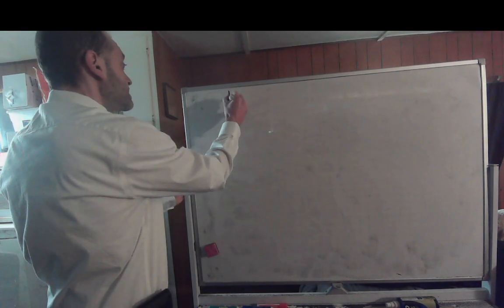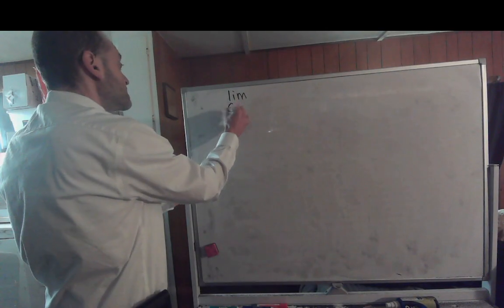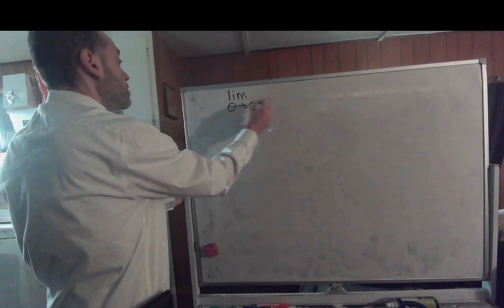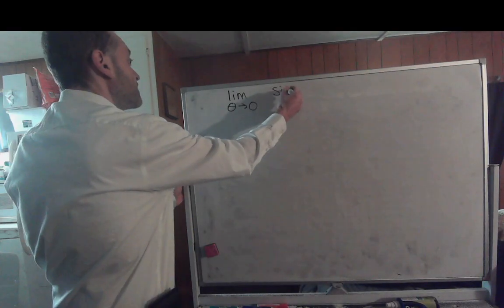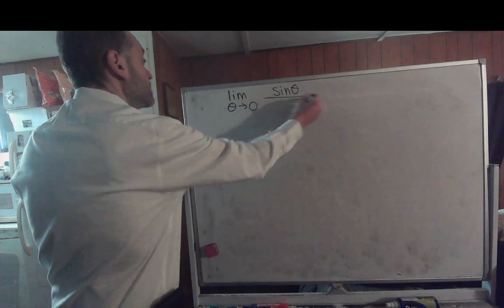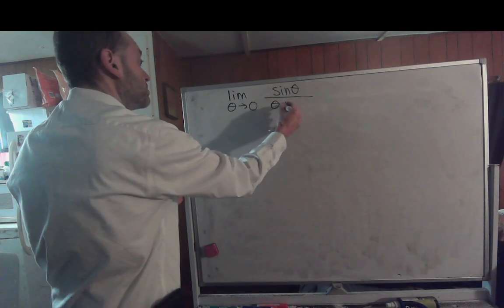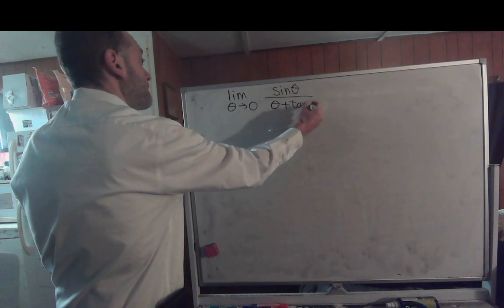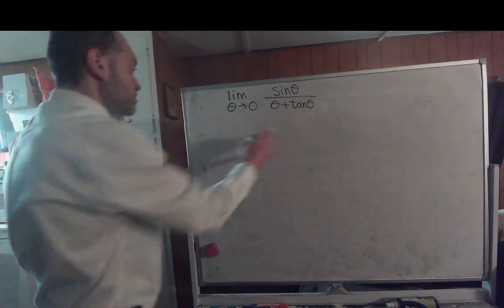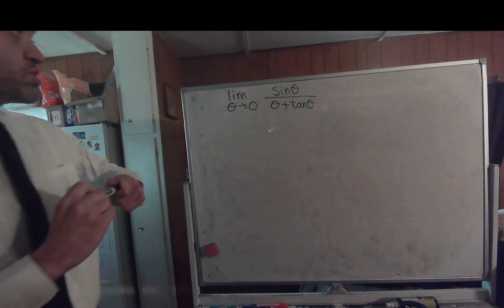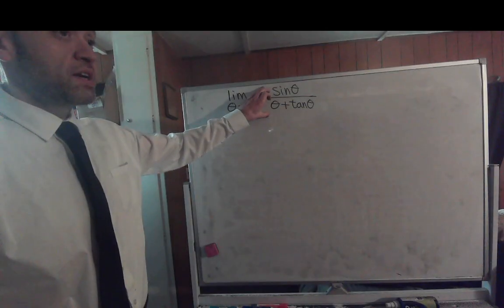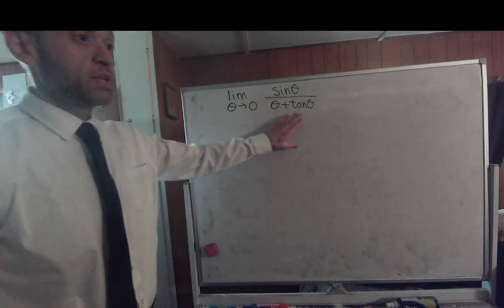The limit as theta approaches 0 of the sine of theta divided by theta plus tangent of theta. So we have the limit as theta approaches 0 of the sine of theta divided by theta plus tangent of theta.